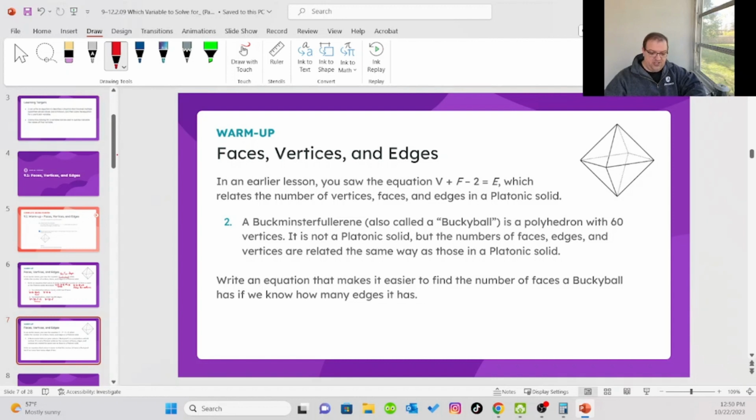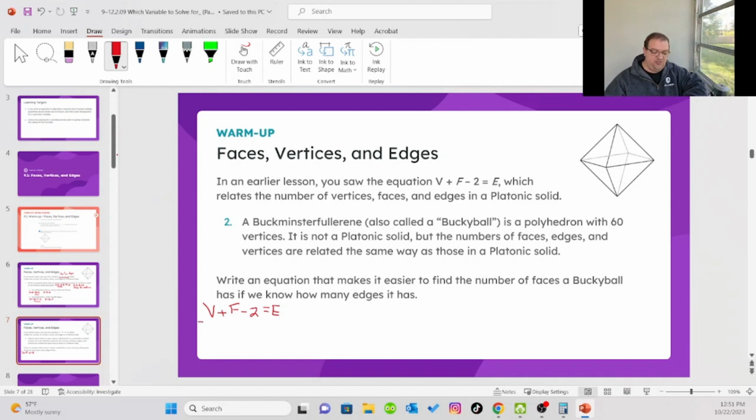So they want us to take the original equation and set it up to solve for faces. If I want to solve for faces, I need to move the vertices and the 2 to the other side of the equation.